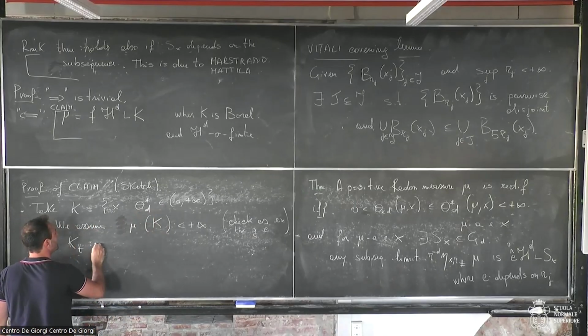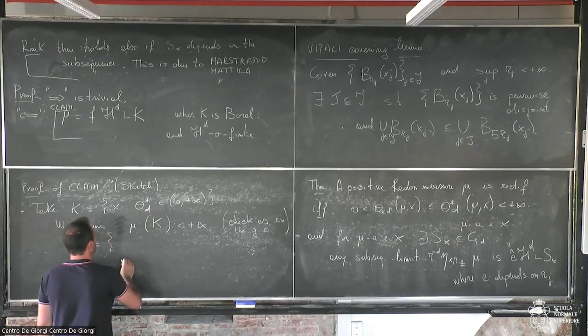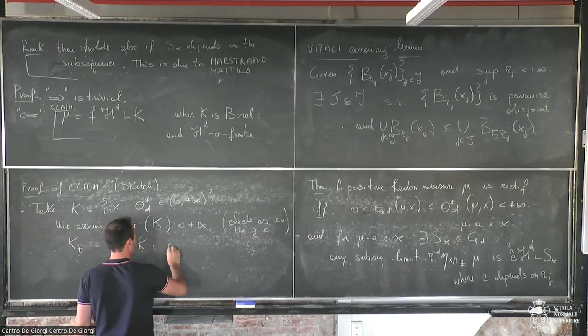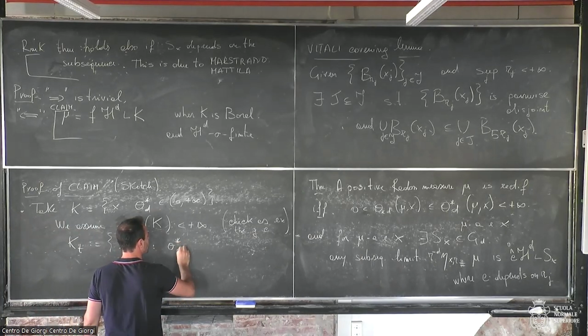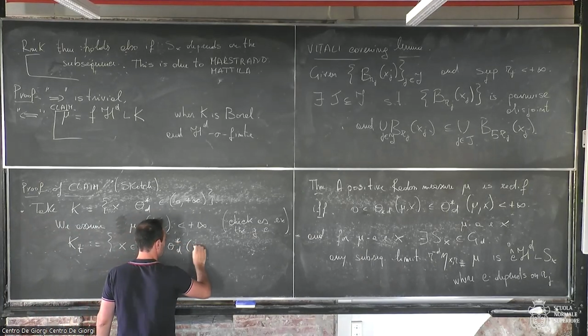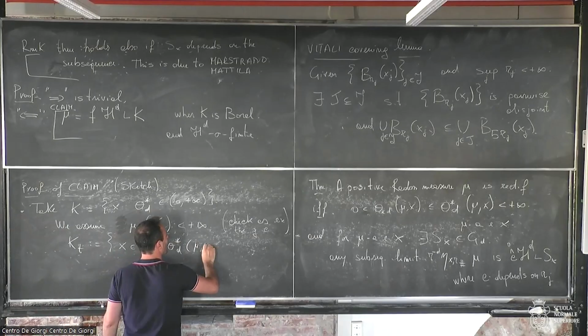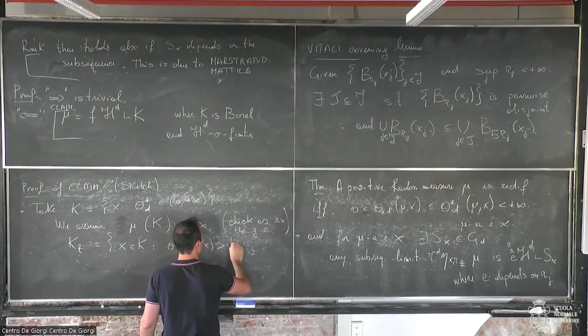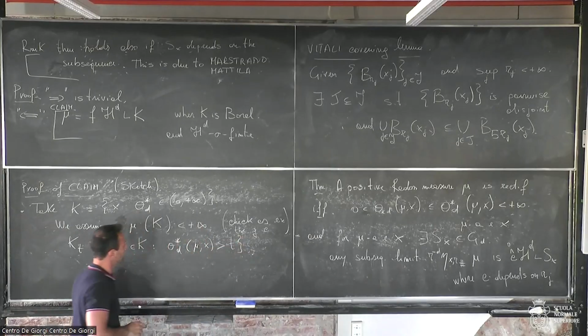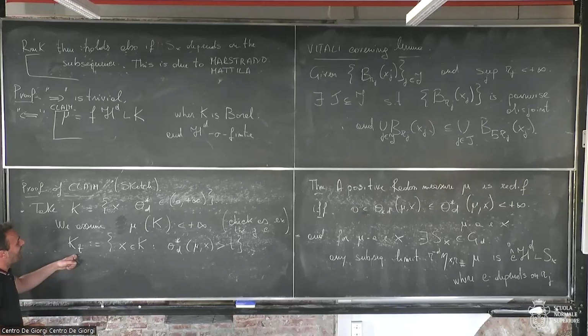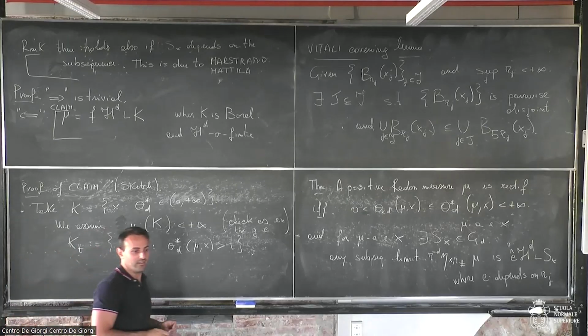You define K_t to be the set of points X in K such that the upper density with respect to mu of X is bigger than t. And now by Vitali, you can make an estimate on this K_t.